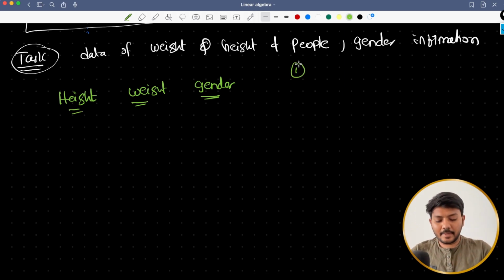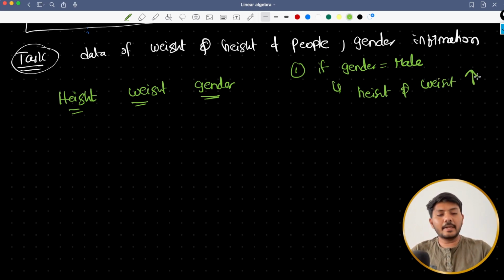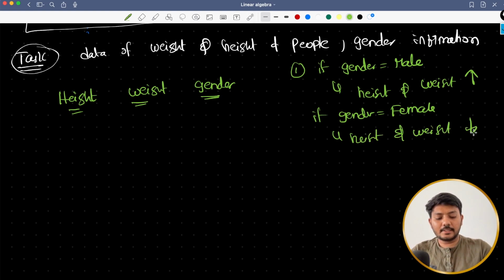Usually, what happens if gender is equal to male, then height and weight are a little bit more compared to if gender is equal to female. So height and weight less, right?